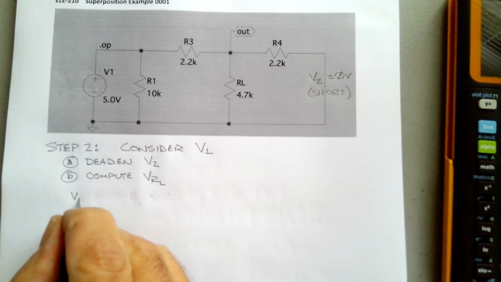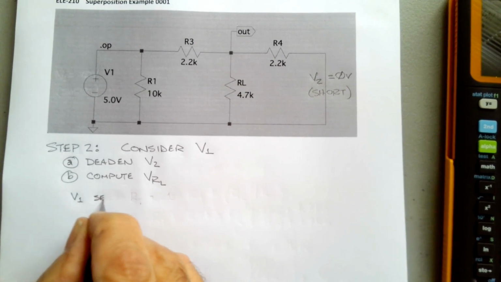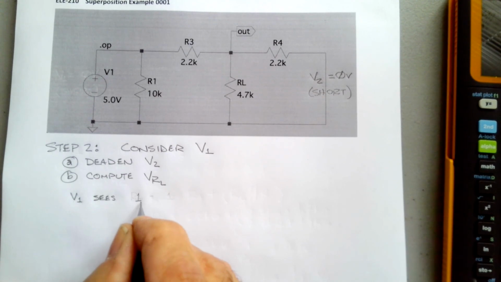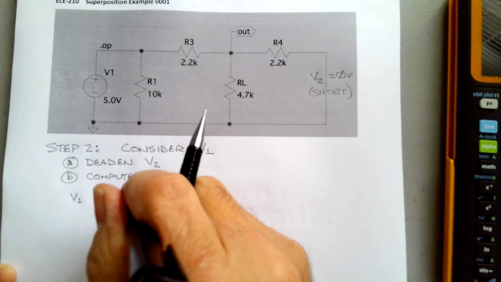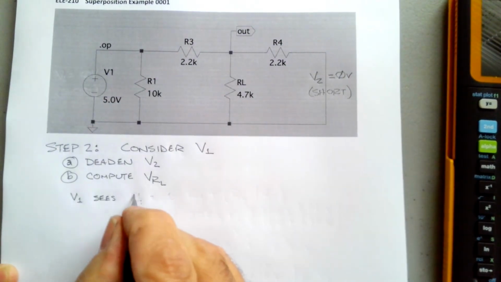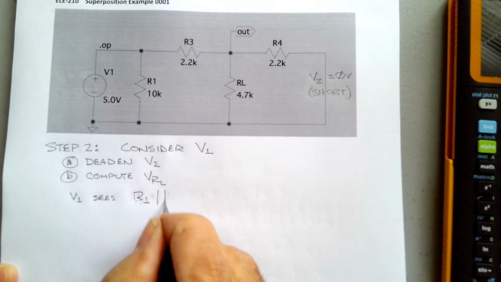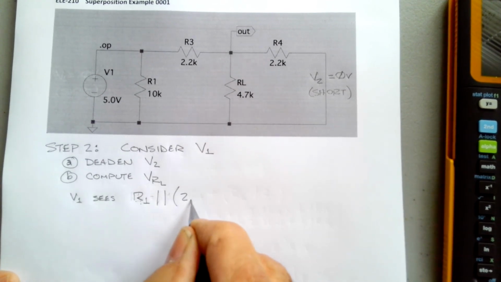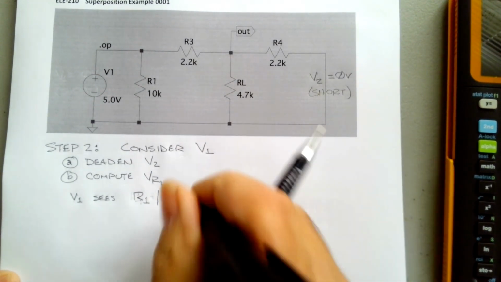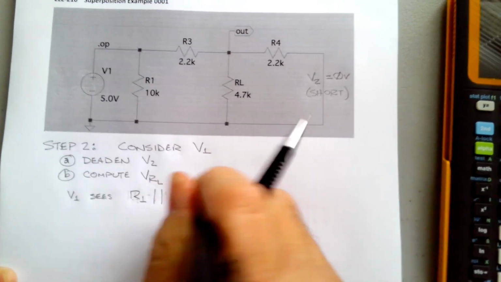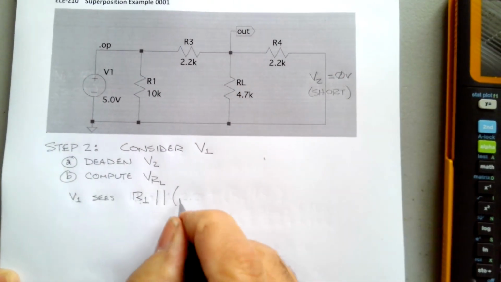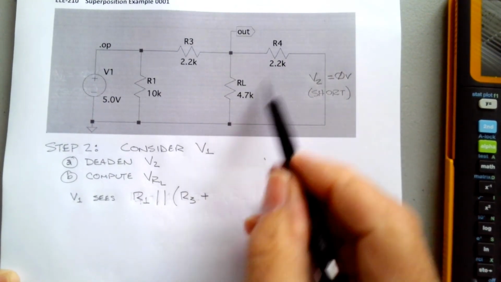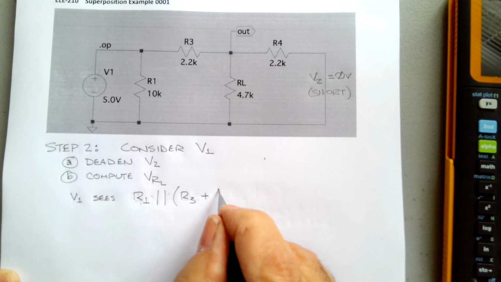Let's write it again. V1 sees 10 k ohms. It sees R1 in parallel with R3. Let's get the symbolic part down first: R3 plus a parallel combination of RL and R4.